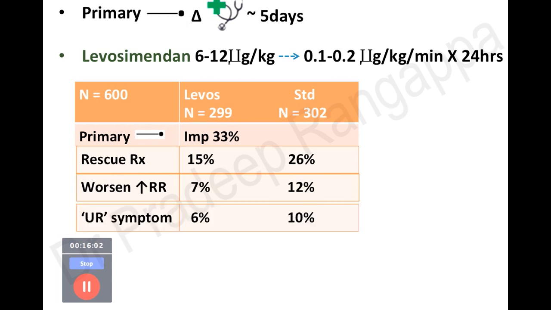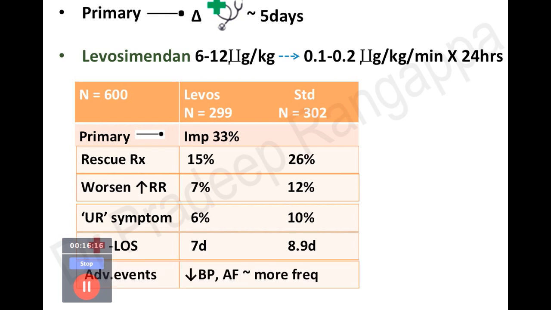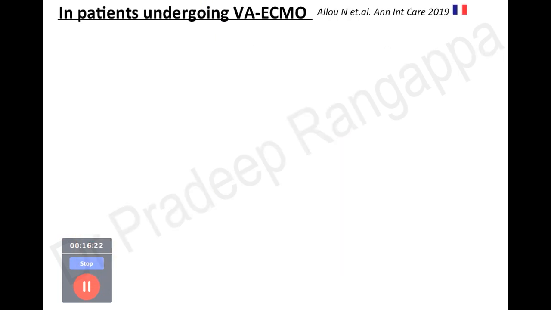And unresponsiveness to treatment also was less, 10% in standard, 6% in levosimendan group. And hospital length of stay also was less. So these were some of the positive findings in the REVIVE 2 trial. And adverse events, hypotension and atrial fibrillation tended to be more common in the REVIVE 2 trial.